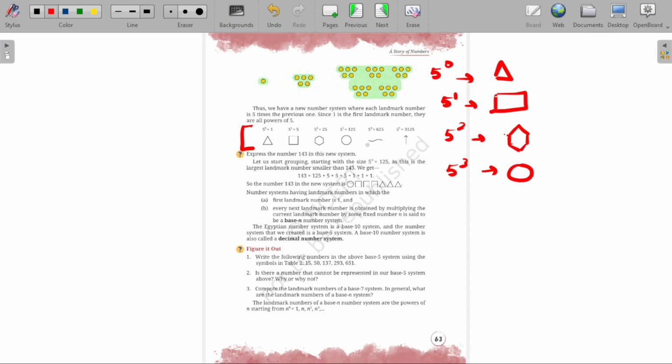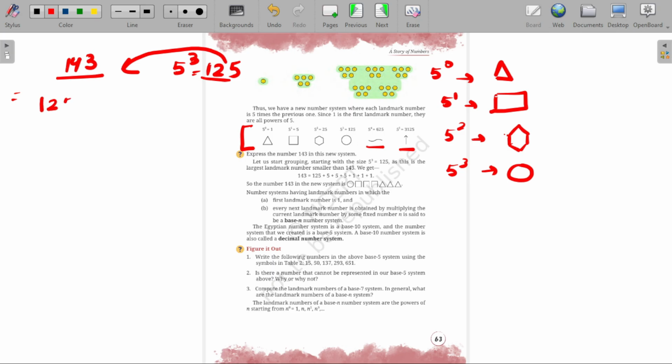Now we need to express 143 in the powers of 5. This is very important. Firstly, find the power of 5 nearest to 143, which is clearly 5 cubed.